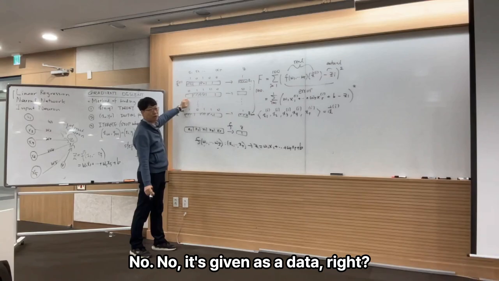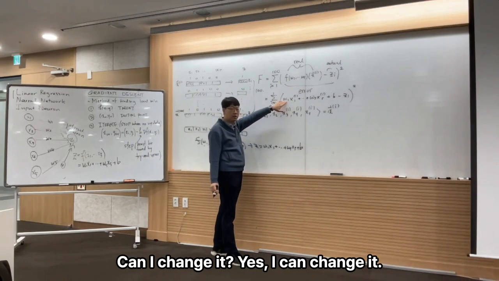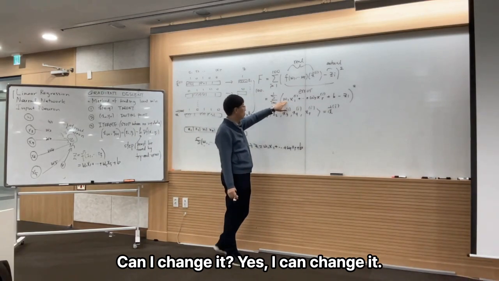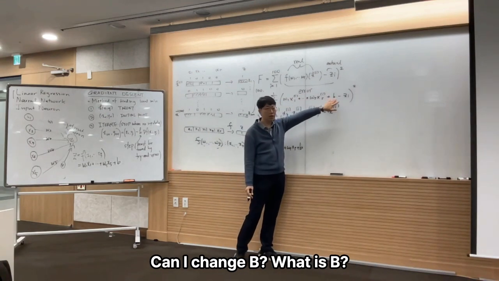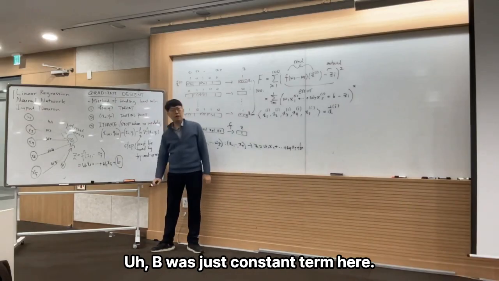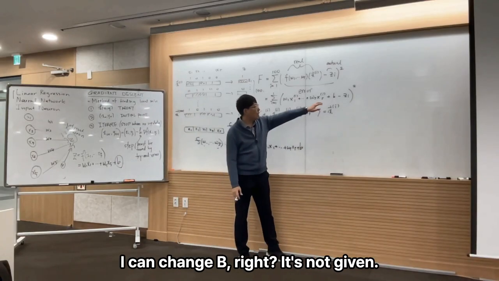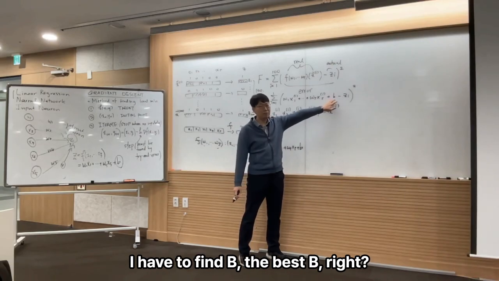No, it's given as data, right? So it's not changeable. How about W1? Can I change it? Yes, I can change it. So W1 to W5, there are 5 variables. Can I change B? What is B? B was just the constant term here. I can change B, right? It's not given. I have to find the best B, right?